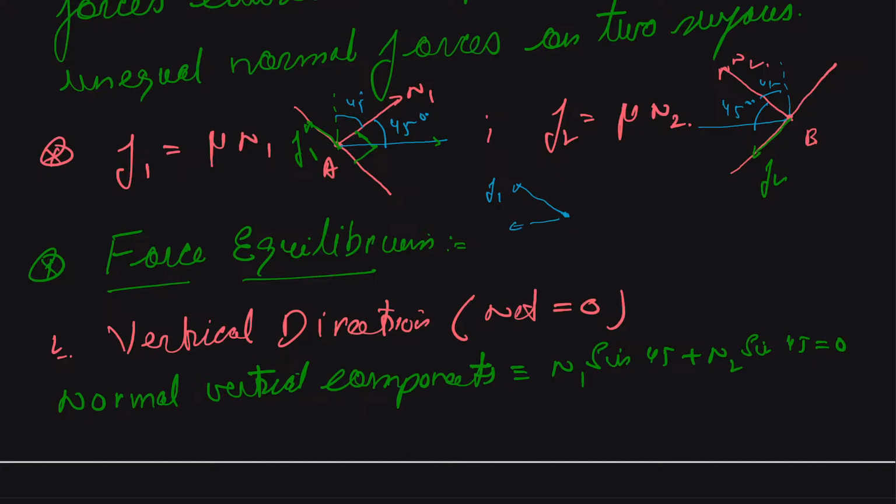So this will be the horizontal component and the vertical component, and this is our A, and this is our B, and this is our F2. So therefore this will be two components.